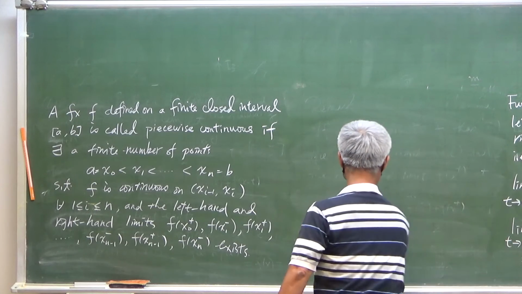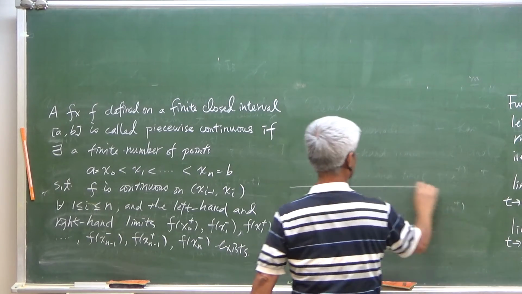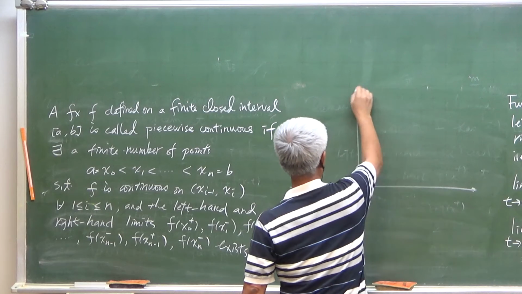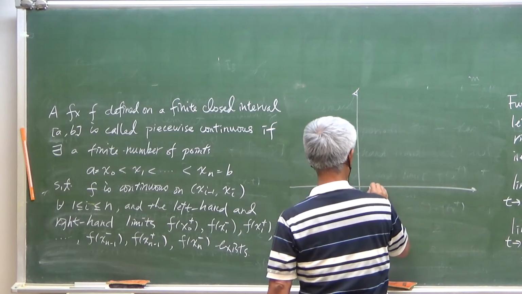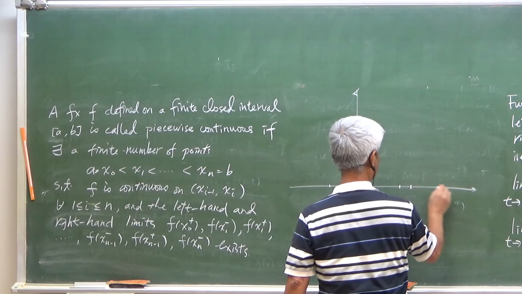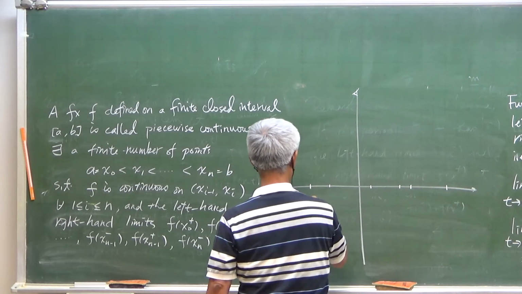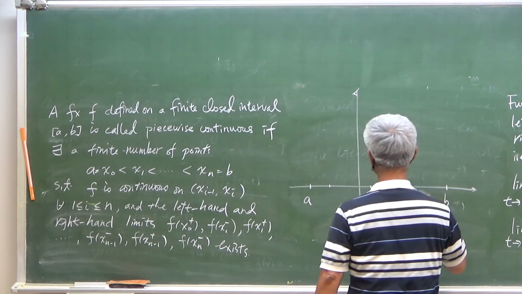Let me draw an example of a piecewise continuous function. So it's a and b here.